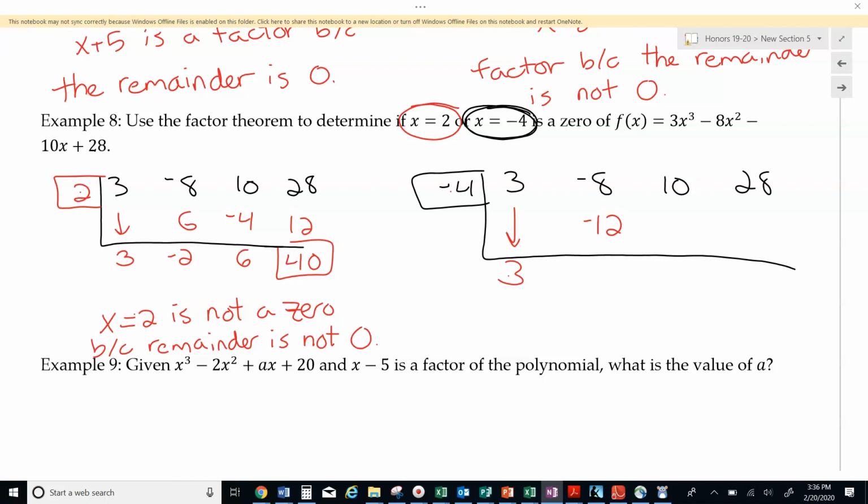Got a negative. Oh, I forgot the negative there too. We'll fix that. -20, 80, 70, -280. Ooh. That is not a 0. That is -262, 52.